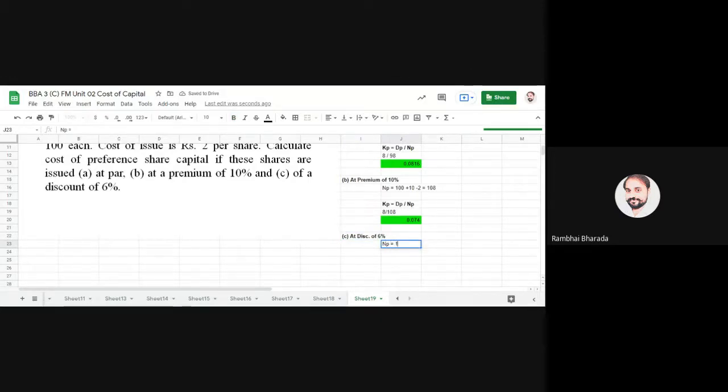Here we have discount, it means 100 minus 6 minus issue expenses 2 is equal to 92. 8 upon 92 is 0.0869.